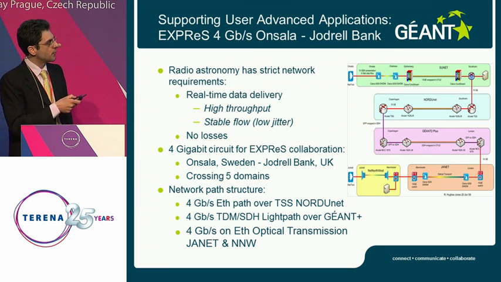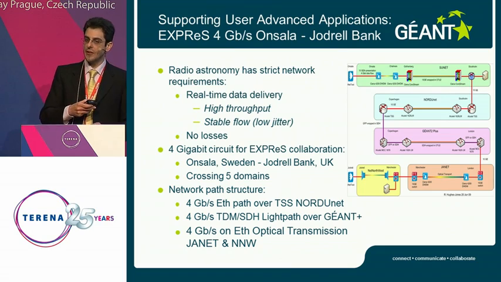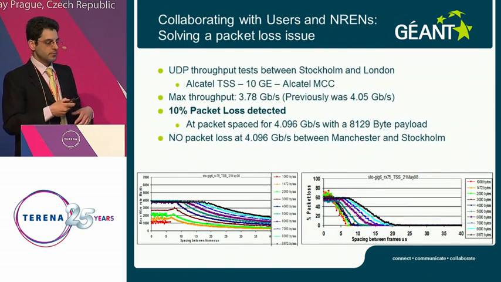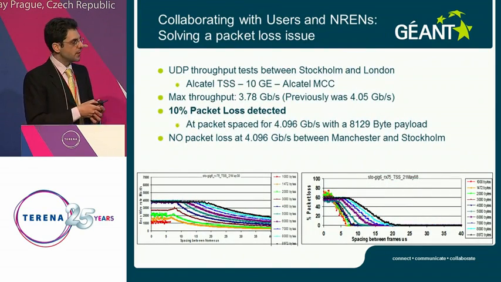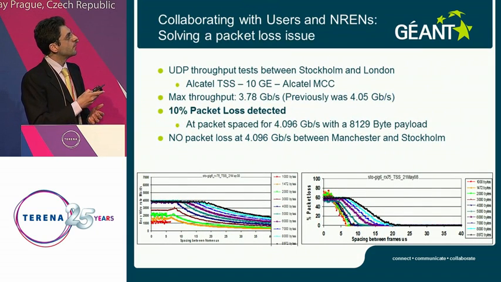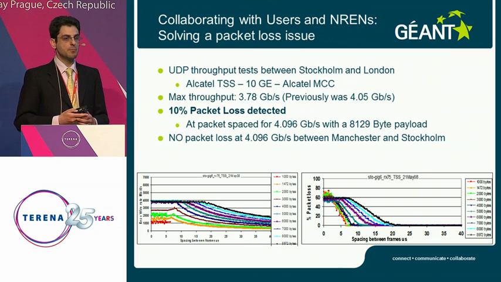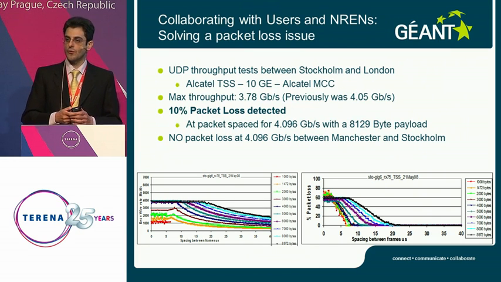And what happened? You see that theoretically all the links were able to support a 4 gigabit connection. Actually, doing the actual test, we saw that the maximum throughput was only 3.78 gigabits per second, because of a 10% packet loss.